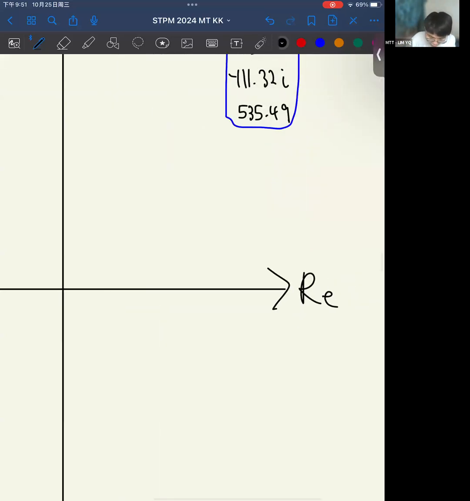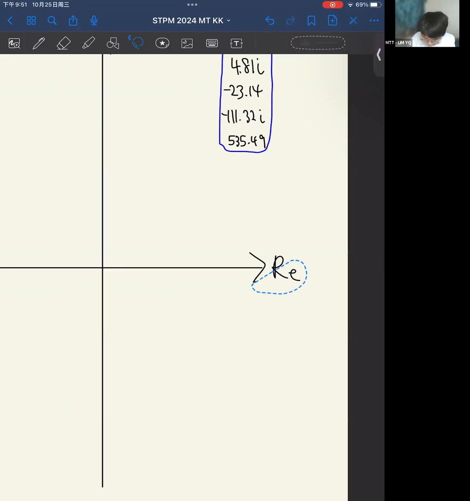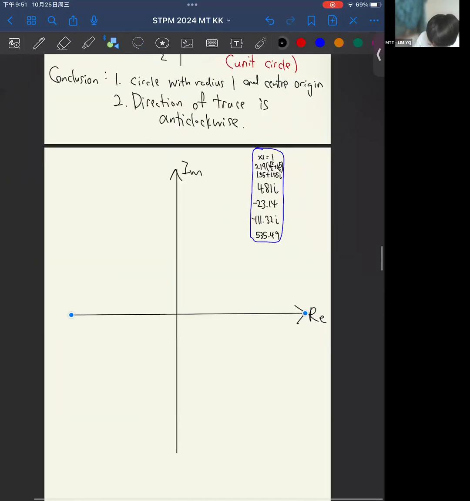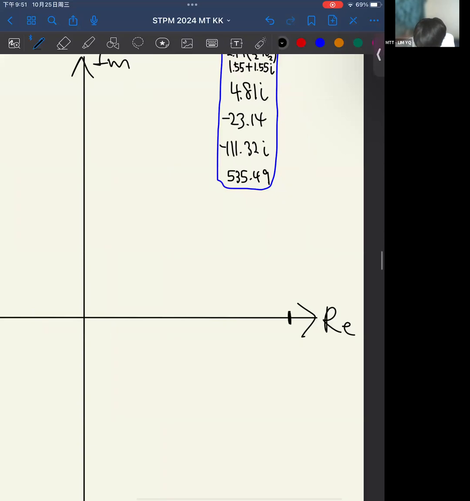So maybe the largest one you give until here. So here is the last point.